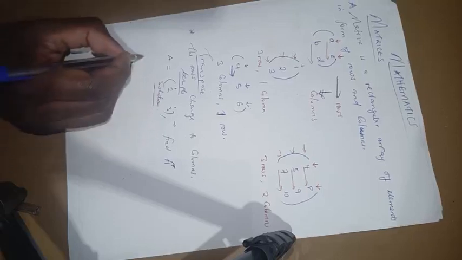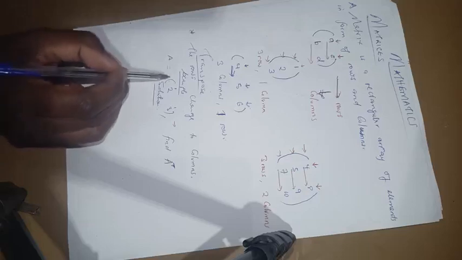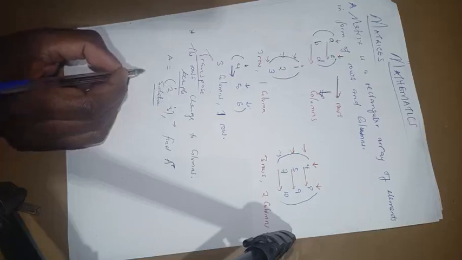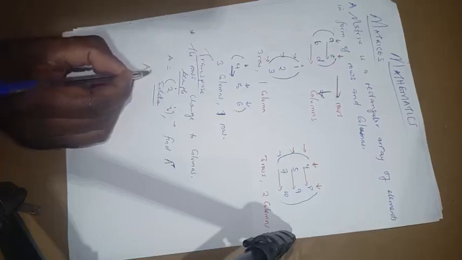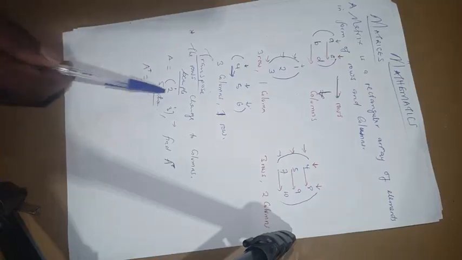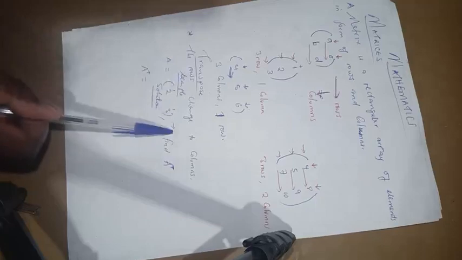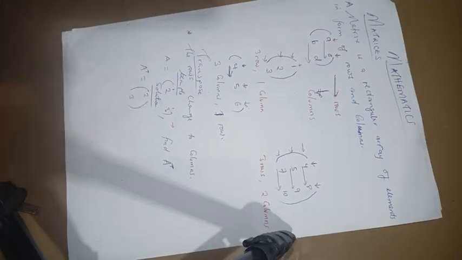So say, since the original matrix has one row, now A transpose is equal to, just change this row to a column, like this. So this is a transpose.